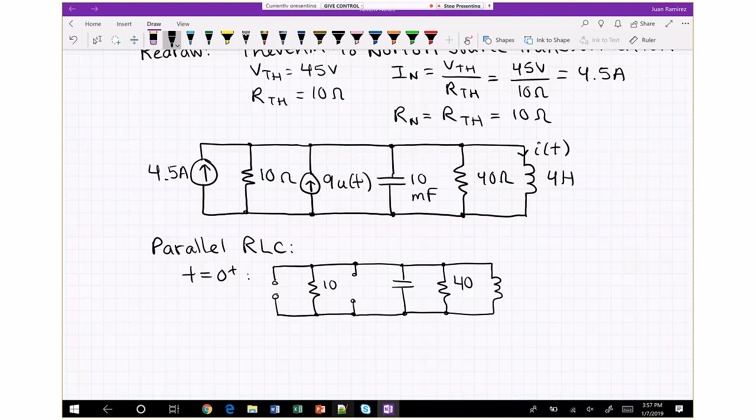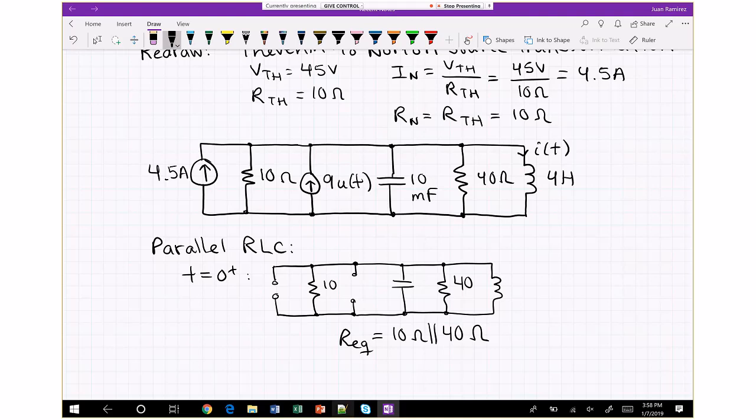They are clearly in parallel with each other. Therefore, the equivalent resistance will be 10 ohms in parallel with the 40 ohms. And we say they're in parallel because of what the inductor and capacitor look like right next to them. They are in parallel as well. So we combine those resistors in parallel.